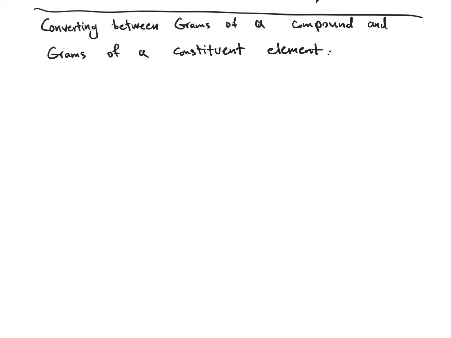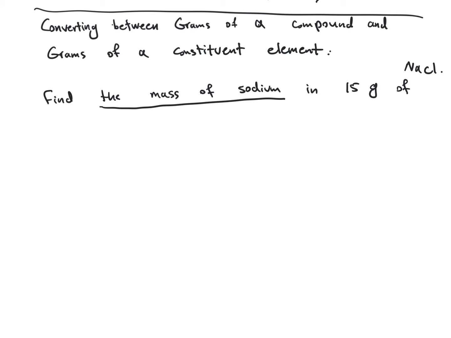Let's find the mass of sodium in 15 grams of sodium chloride. So like we always do, we want to find the mass of sodium. How many grams of sodium equals 15 grams of sodium chloride.